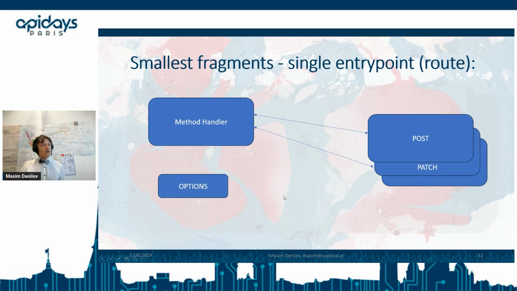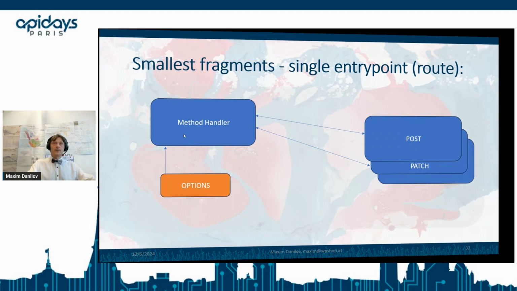And don't forget, request methods also include the request method OPTIONS. And what I offer is to use the request method OPTIONS as a source for a YAML file which describes all implemented views for this route.